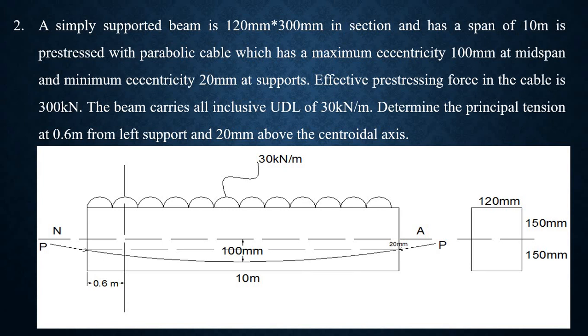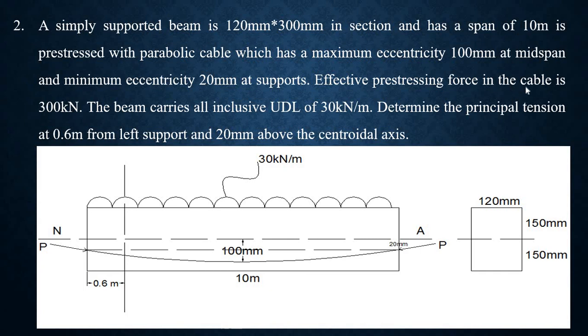A simply supported beam is 120 mm by 300 mm in section and has a span of 10 meter, is pre-stressed with parabolic cable which has a maximum eccentricity 100 mm at mid-span and minimum eccentricity 20 mm at support.